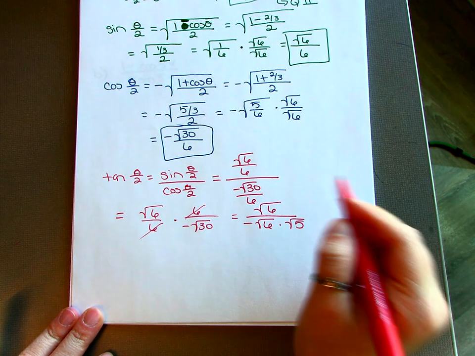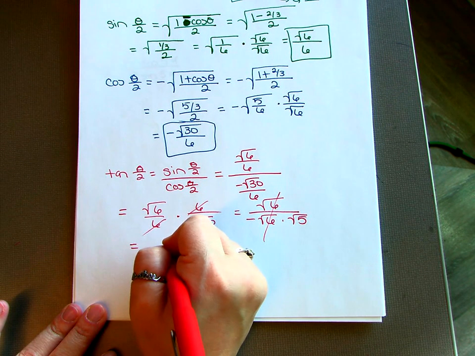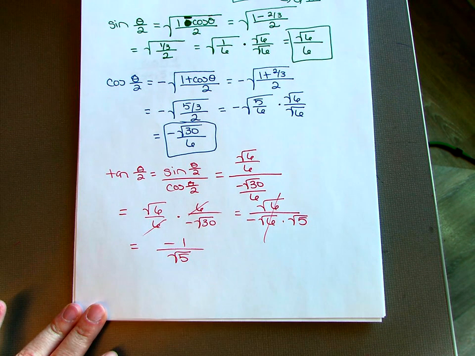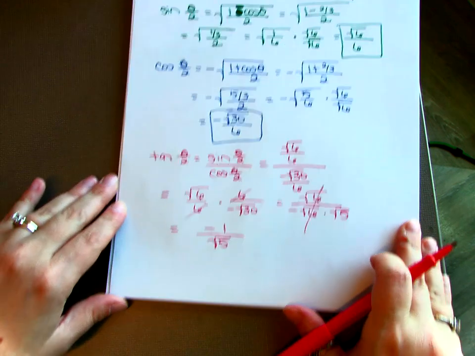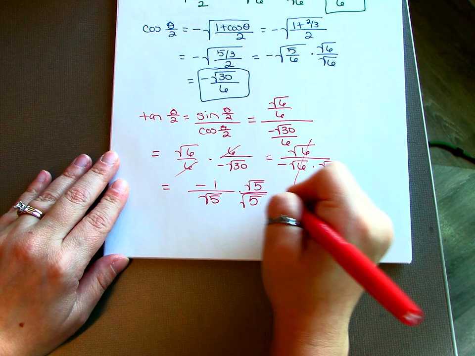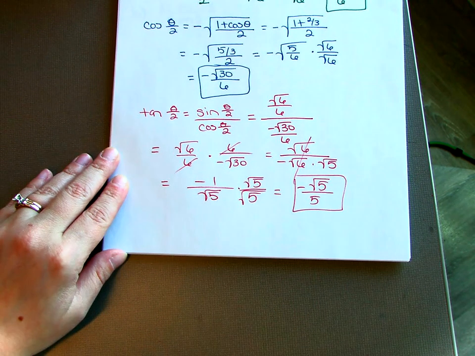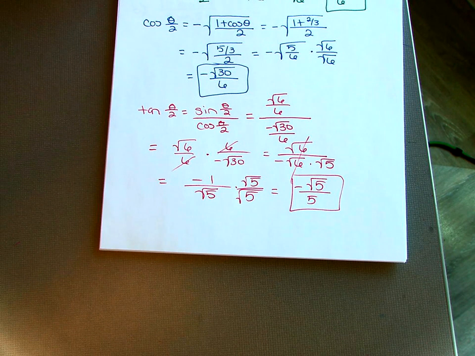Notice those radical 6's are going to go away, leaving us with a negative 1 over radical 5. But we have to rationalize that denominator. Negative radical 5 all over 5. One minus that would be 1/3. And you get the exact same thing if you use the identity.